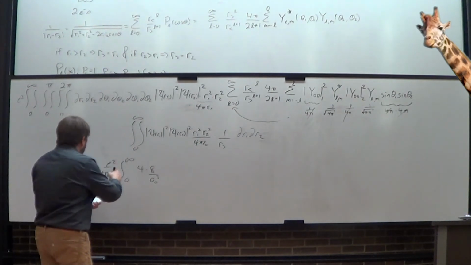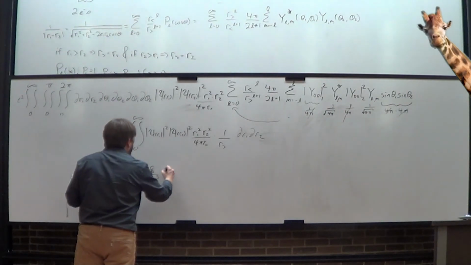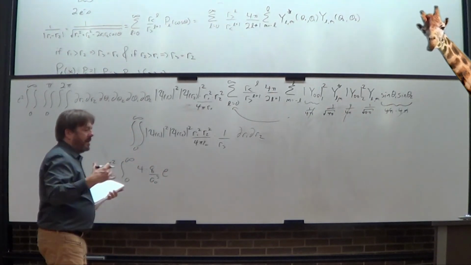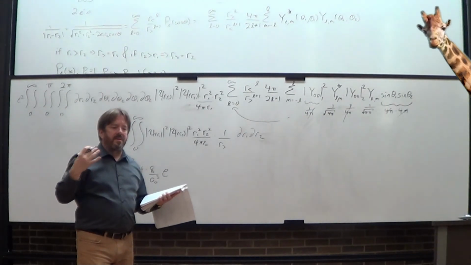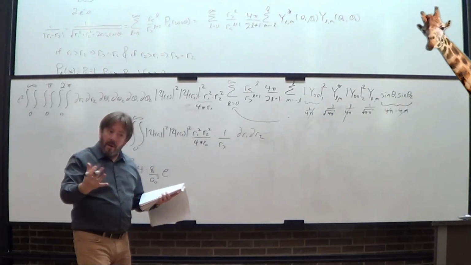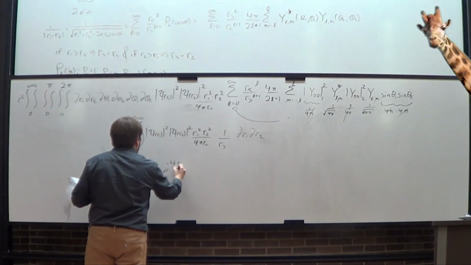All right. Electric charge squared, 1 over 4 pi e naught. E to the minus z r1. Z is 2, but I'm squaring it, so that's to the minus 4 r1 over a naught.